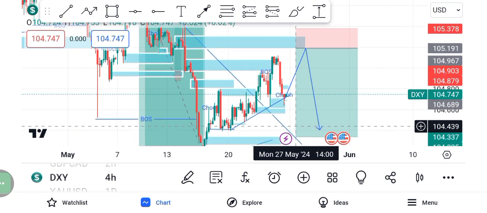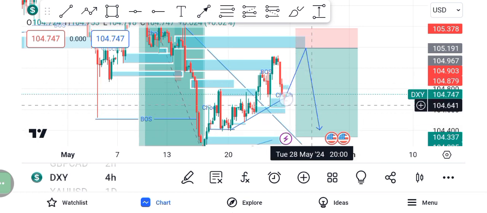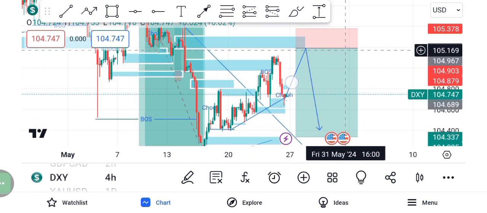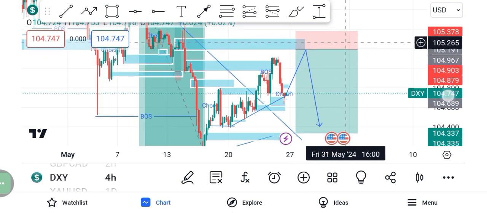But for this week first, we'll be experiencing a bullish run from this place into this other block that I marked out.